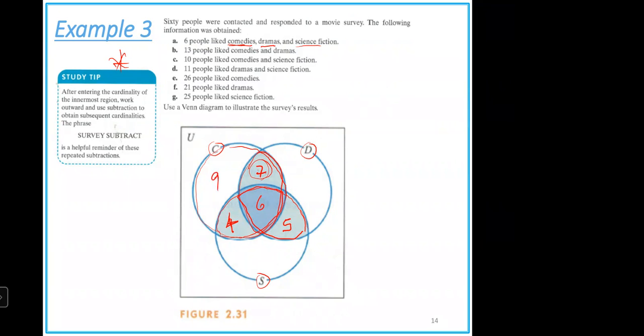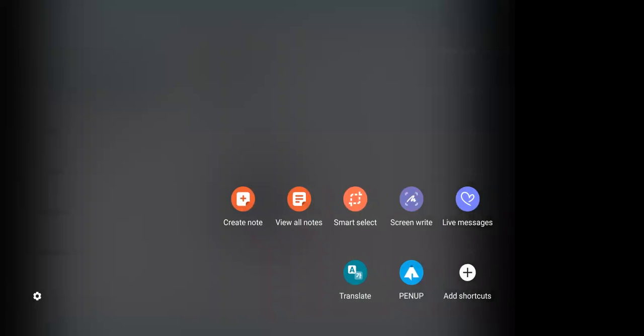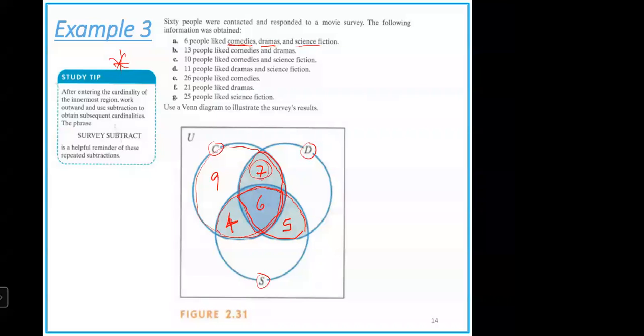Okay, that should be 9. Then 21 persons like drama. What's missing to fill in the drama circle? Three. 7 and 6 is 13, 13 and 5 is 18, 18 and 3 gives you 21.